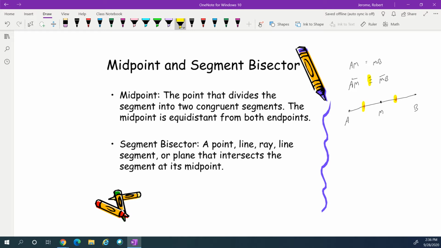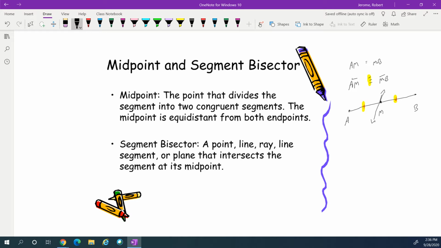Our second term here is a segment bisector, and a segment bisector is anything that intersects the segment at its midpoint. So anything that cuts it exactly in half. It could be a point, it could be a ray, it could be a line, it could be anything.